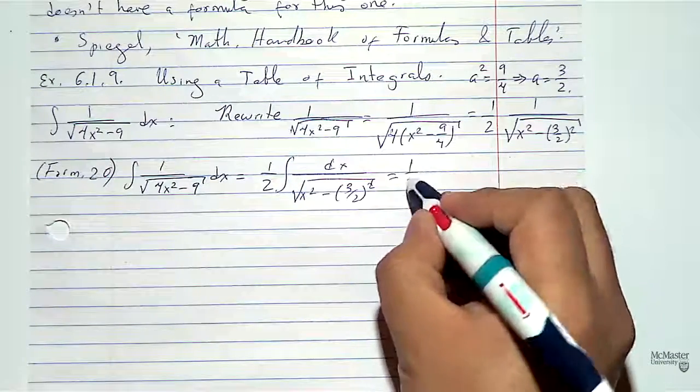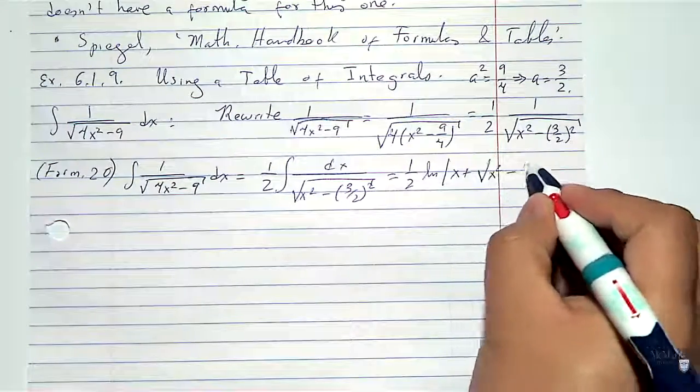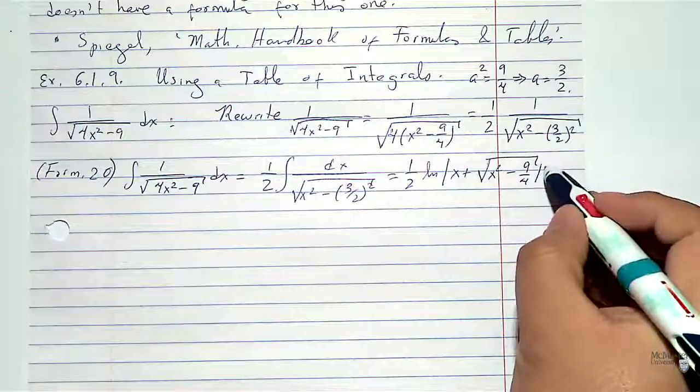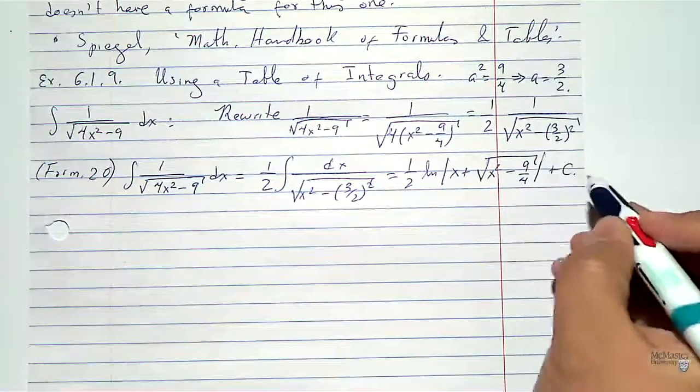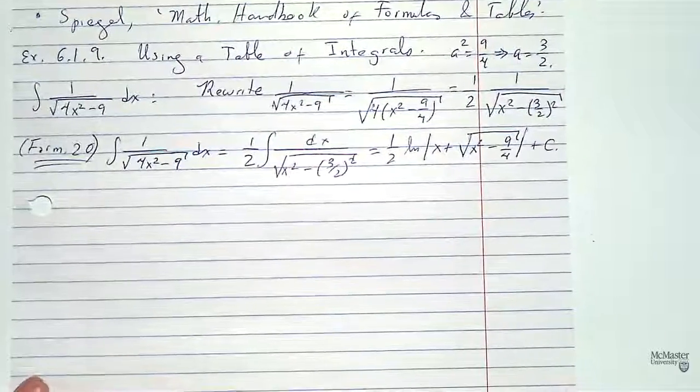If I use the formula, this is 1/2 natural log of x plus square root of x squared minus 9 over 4. So then you have the square root, then the absolute value, and then you have a constant. So just look at the formula, and then you will see.